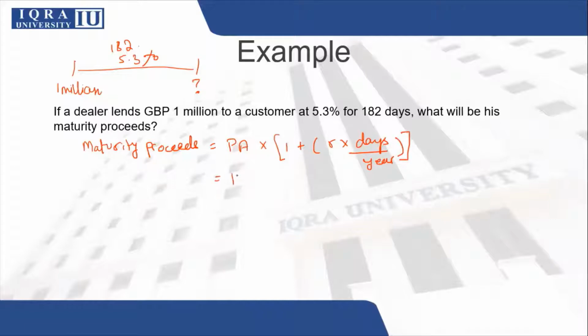So the principal amount is 1 million. The interest rate is 5.3% and the days are 182. Okay, again, you should know the convention, but because you're using British pound, the convention will be 365.